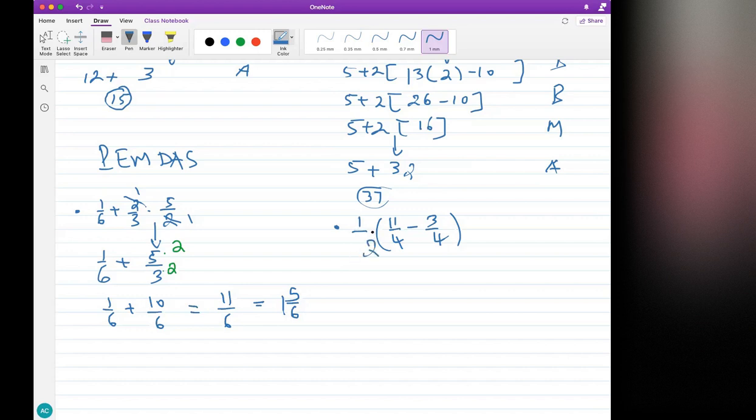So we have 1/2 times the parentheses. Again, we're going to have to start from the parentheses. Luckily, we have the common denominator. We can just subtract 11 take away 3. That's 8.